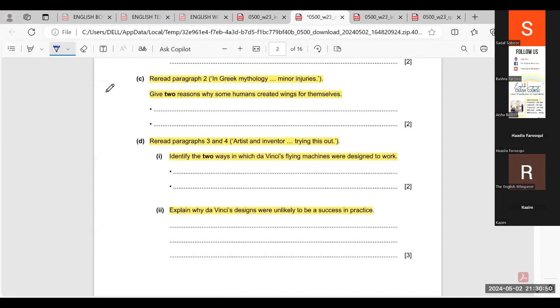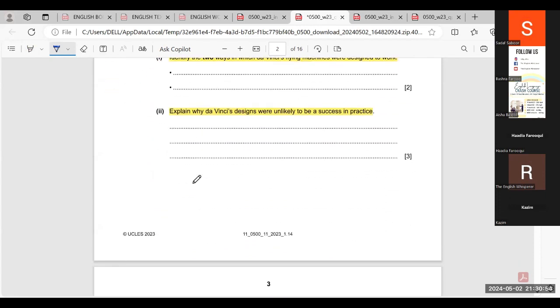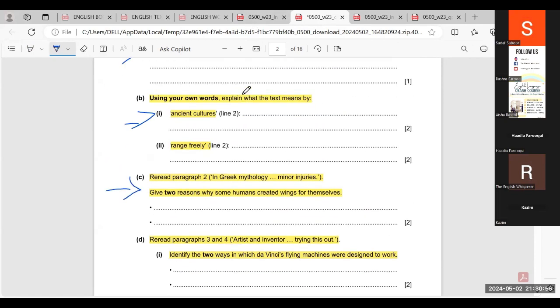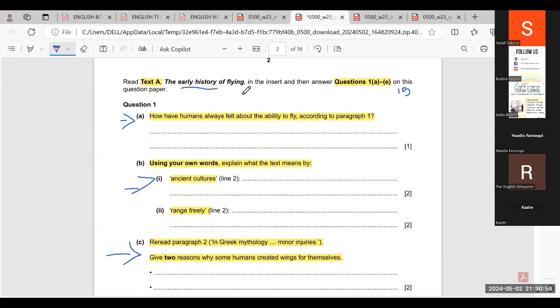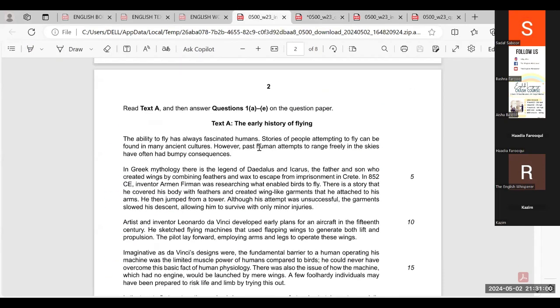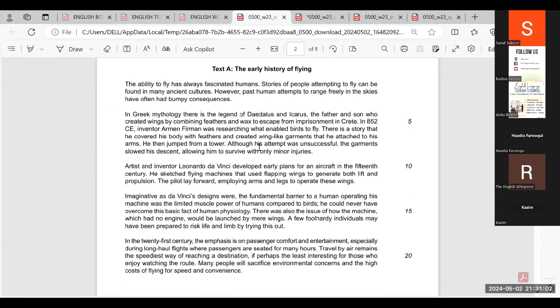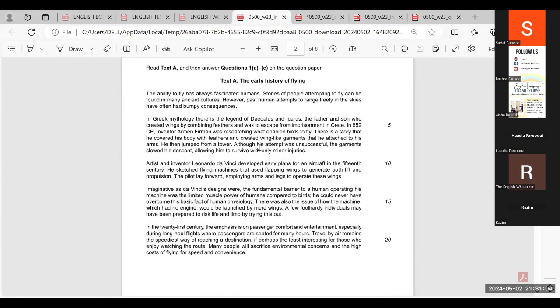Early means early, how early, right? It gives you some idea about what to expect in the passage, which makes the reading of the passage easy. After you've read the questions, go to text A, read it. It's not a very long text, but don't speed read. You're going to read it at the speed that I'm reading it right now.